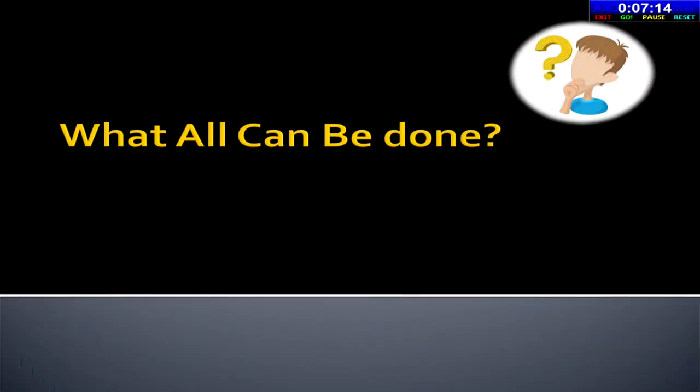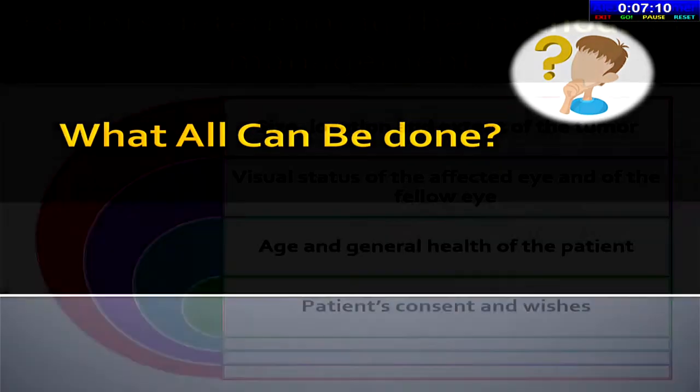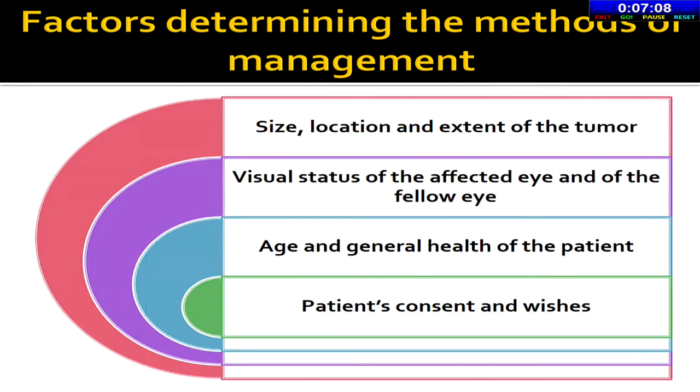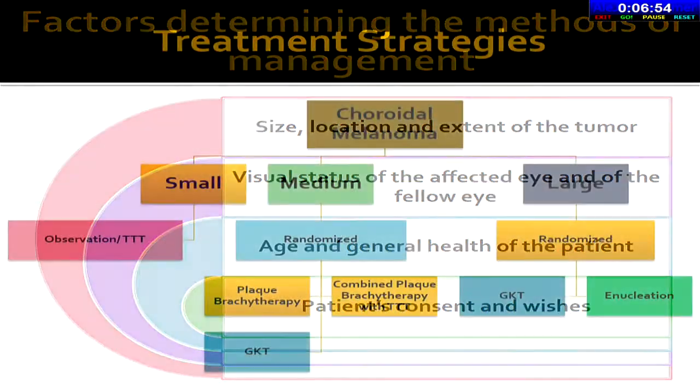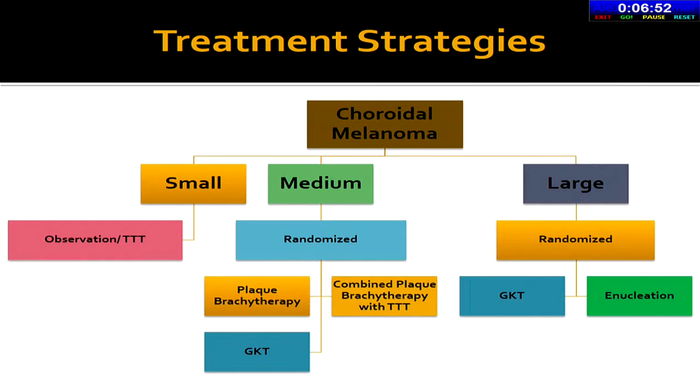So what can be done when you diagnose a case of choroidal melanoma? There are various determining factors, depending upon the size, location, and extent of the tumor, the visual status of the affected eye and the fellow eye, the age and general condition of the patient, and most important, the patient's consent and the motivation to retain the globe. There are various treatment strategies for small, medium, and large.